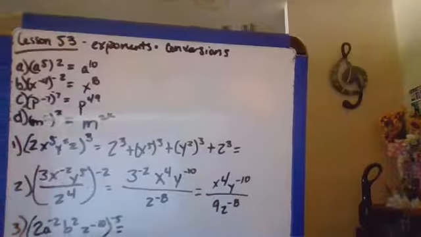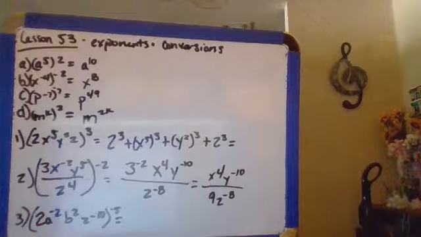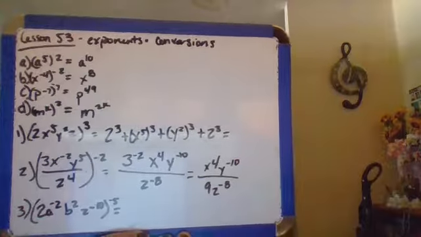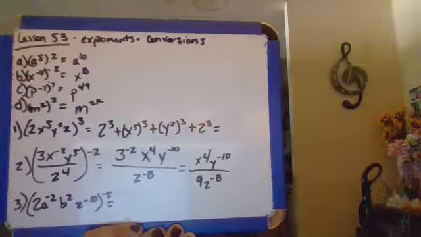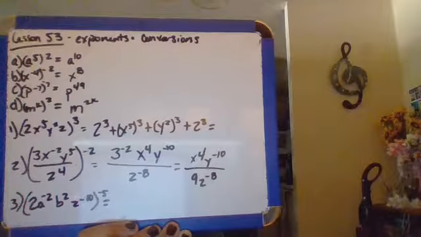So (2a to the power of negative 2 b squared z to the negative 10) all to the power of negative 5.